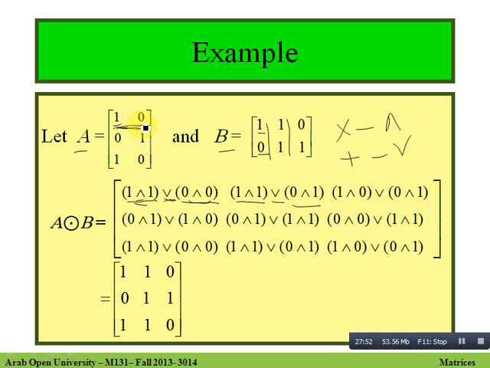Again first row third column, 1 and 0 or 0 and 1. And if you solve this one, you will get these values. For example, this one, 1 and 1 is 1 or 0 and 0. So it is 1 or 0, which is 1. So you go on solving this one, you reach the final matrix. This is called the Boolean product.